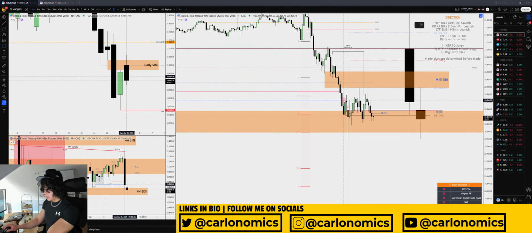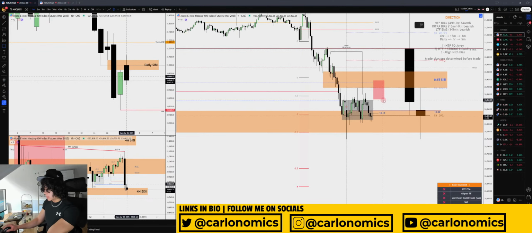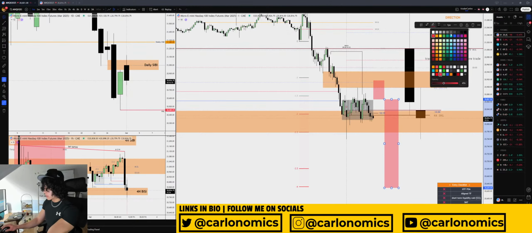Let's see if we can consolidate like this, right? Manipulate to the upside like this. And then let's see if we can distribute lower like this.